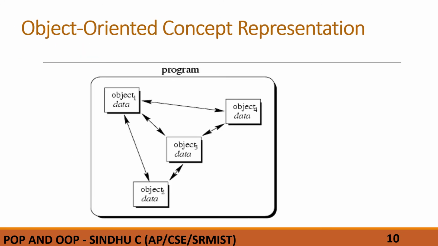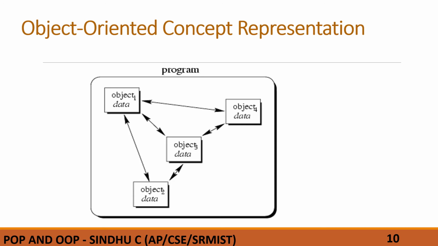So coming to the object oriented concept, this is the way one can represent. So we have multiple objects and the data associated with them. In case of student as an object, you can consider all his associated data: his CGPA, his SGPA, his 10th marks, 12th marks, or any contact number, his parent details.